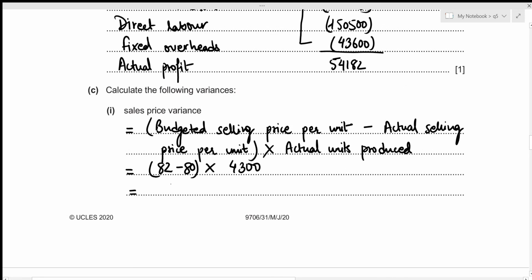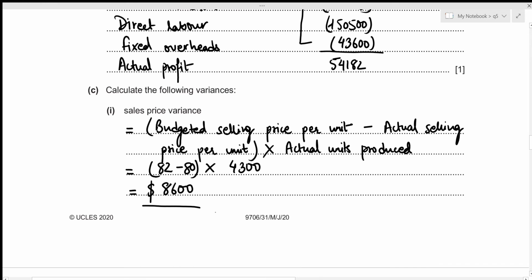So this gives the sales price variance to be 82 minus 80 times 4,300, which results in the value of 8,600. Okay, so this just represents the value that we lost due to the fact that our actual selling price was less than the budgeted selling price, right?